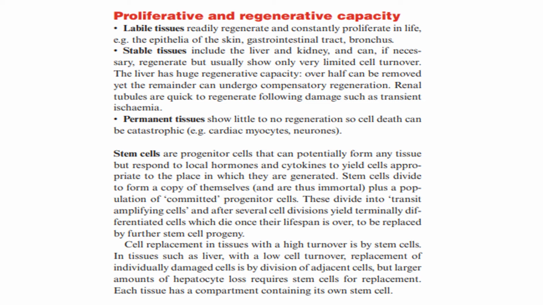Cell replacement in tissue with high turnover is by stem cells. In tissue such as liver with low cell turnover, replacement of individually damaged cells is by division of adjacent cells, but a larger amount of hepatocyte loss requires stem cells for replacement.